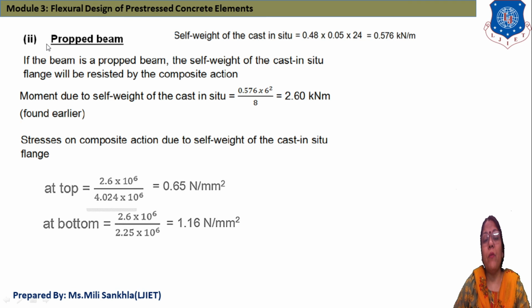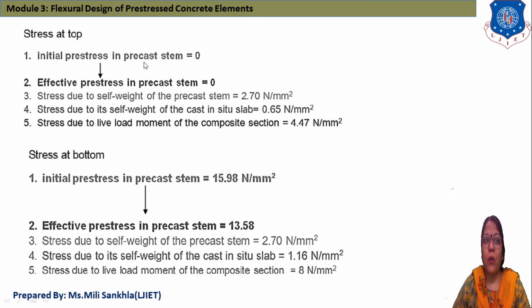For propped we take the moment due to self weight of cast in situ. Now stresses at top level: initial pre-stress in precast is equal to 0, effective pre-stress is again 0. If our initial stress is 0, then our effective stress in precast we take 0. Stress due to self weight of precast we already found, 2.7. Self weight due to cast in situ is 0.65, and stress due to live load moment of composite section is 4.47.